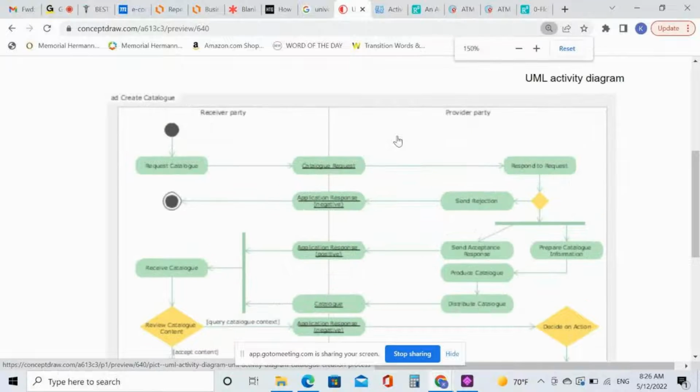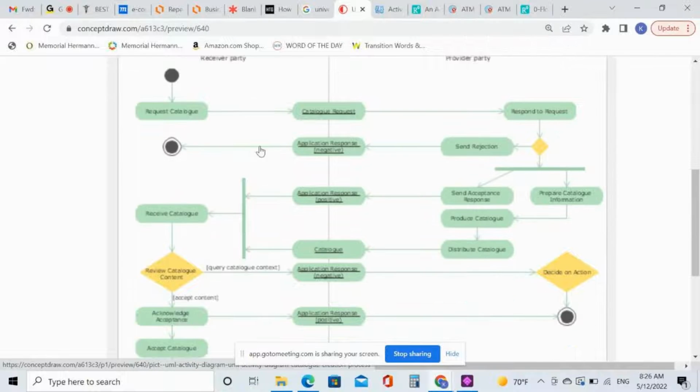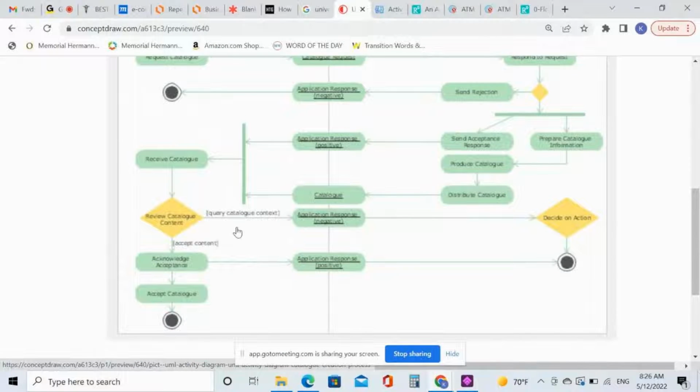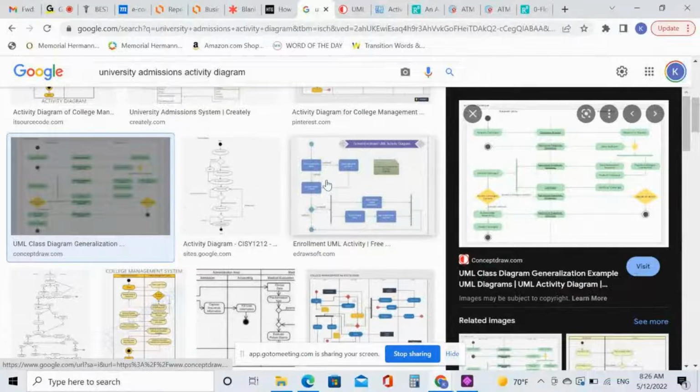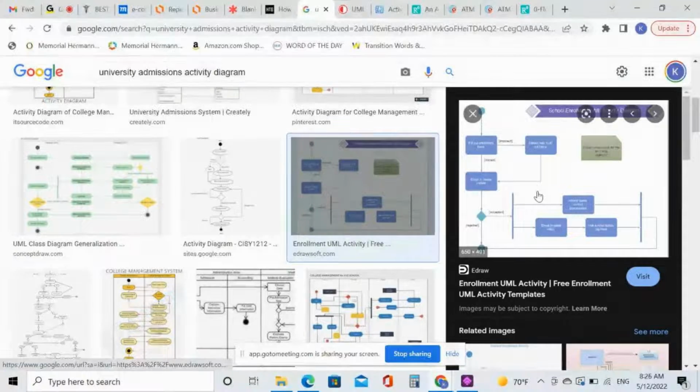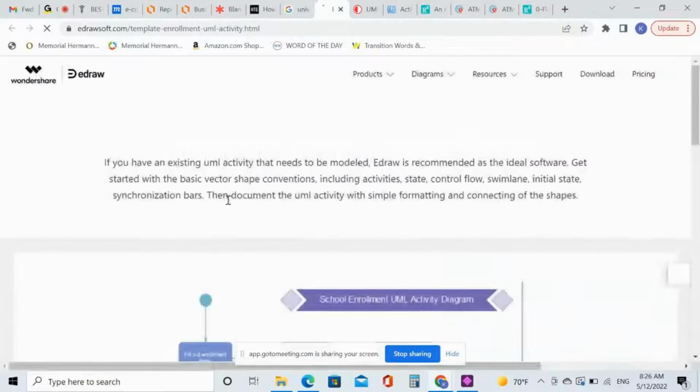Provider party, this is not a very clear format, meaning for you guys it will be confusing. For somebody who has been working as a BA, probably easy. If we are not getting the admission one, what else can we see? Wait, I think this one.